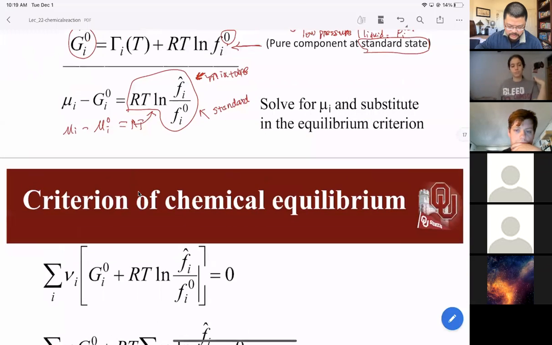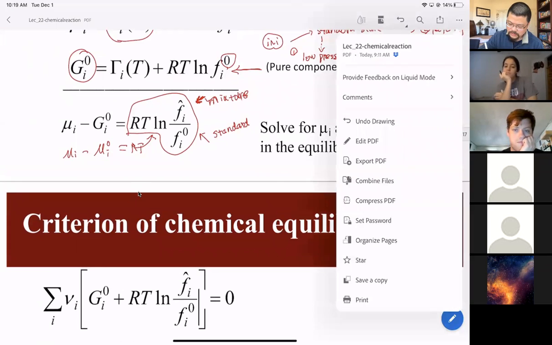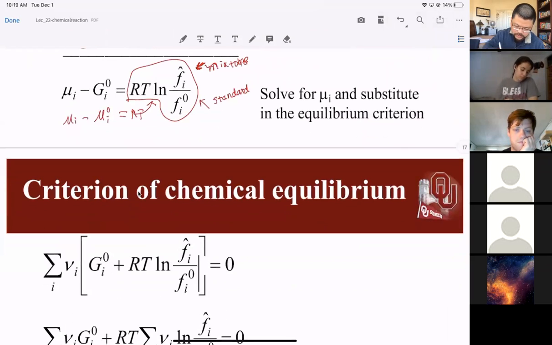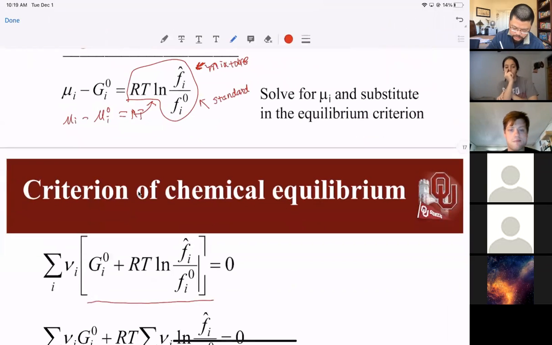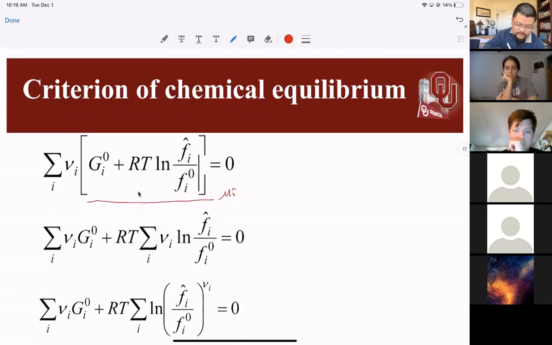So if I move on, you can see that I'm doing nothing special but replacing mu I by the chemical potential definition, or the connection between chemical potential and fugacity. I hope this equation is not surprising at all. And then we just reorganize and redistribute.